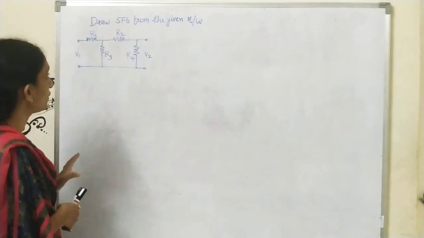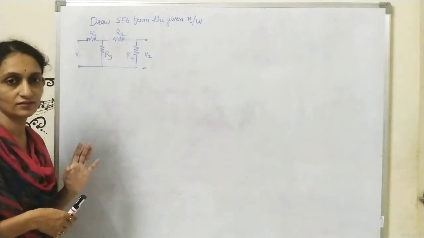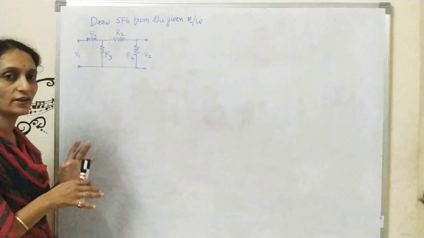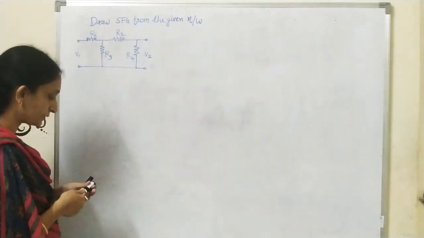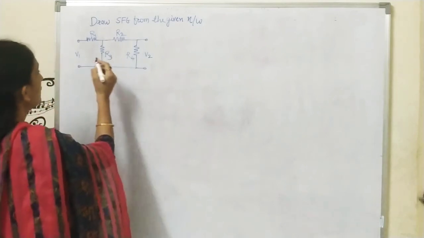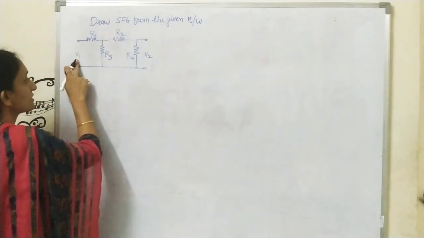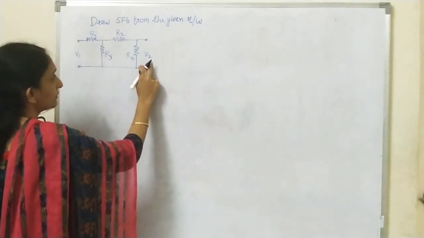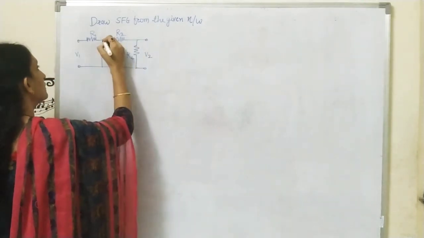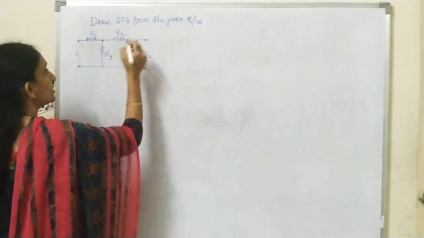In this circuit all elements are resistances. No energy storing elements are there. So what we will do? Number one, V1 is the input variable, V2 is the output variable, and we will select the intermediate variables here.